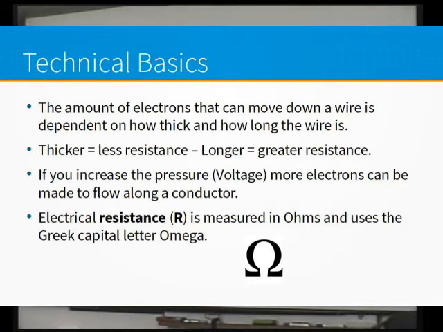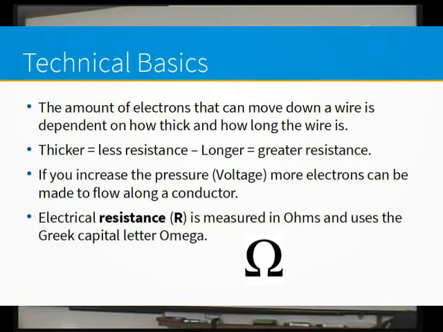The amount of electrons that we can push down a wire is dependent on how thick the wire is and obviously how long the wire is. The thicker it is, the less resistance to that flow there is, and the longer it is, obviously the greater the resistance to that flow is.